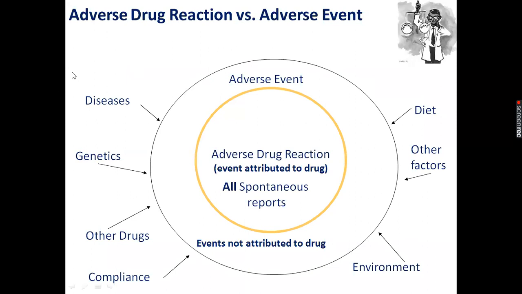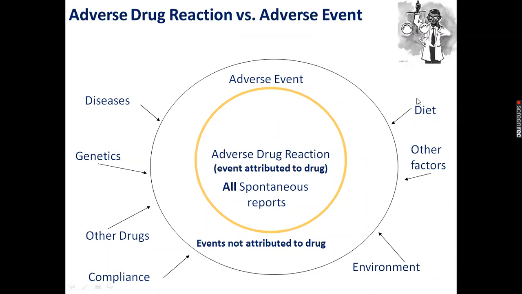Here we are trying to understand the difference between an adverse drug reaction and an adverse event. Within the yellow circle, what we are seeing is due to the administration of the drug. Adverse event is a bigger term which can include reactions that occur in the body with the diet. For example, you have taken an exotic fish and got a reaction.